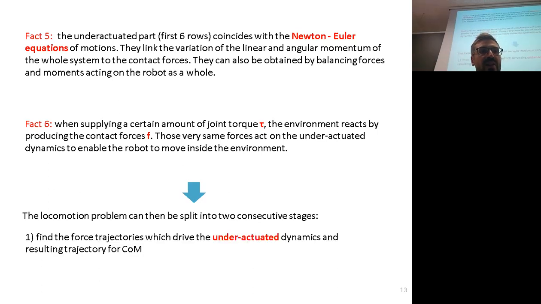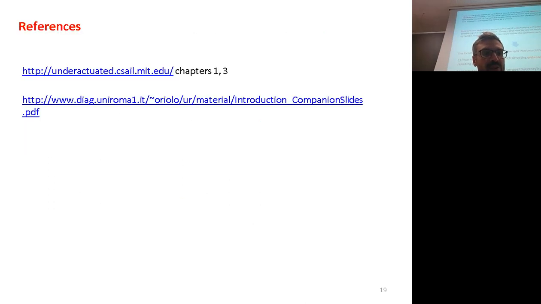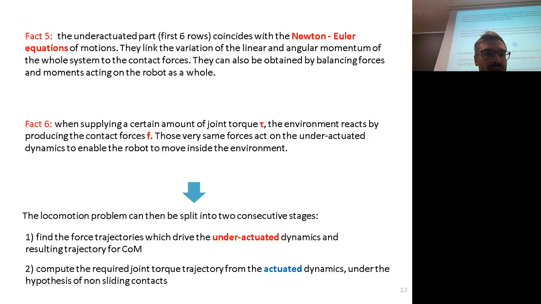The first one is to find the trajectories of contact forces that will drive the trunk of our robot along some desired trajectory of the center of mass. And using the actuated dynamics, having this pattern of contact forces, in the hypothesis of no sliding contact, we can get the required joint torques to achieve the center of mass displacement that we want.